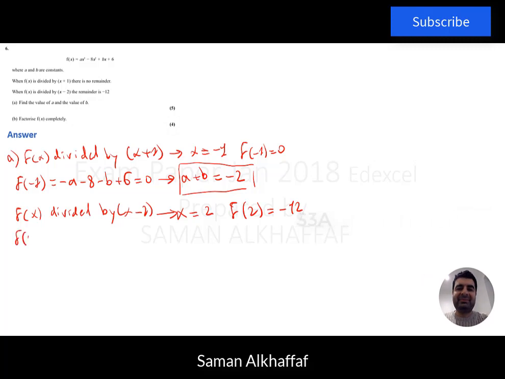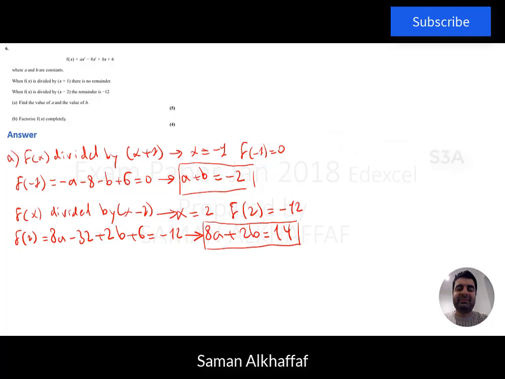We sub 2 into the expression, which gives 8a minus 32 plus 2b plus 6 equaling minus 12. Simplifying further, moving the numbers to the right hand side, gives 8a plus 2b being equal to 14. So this will be our second equation.